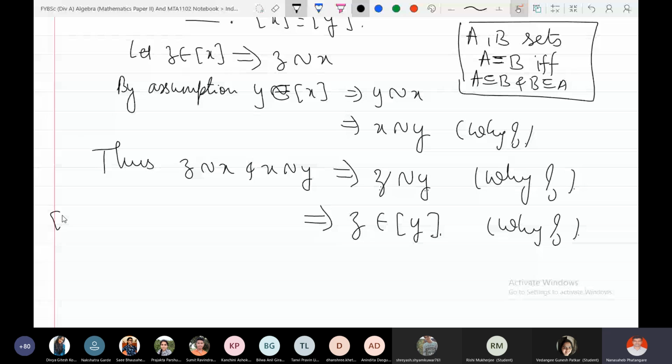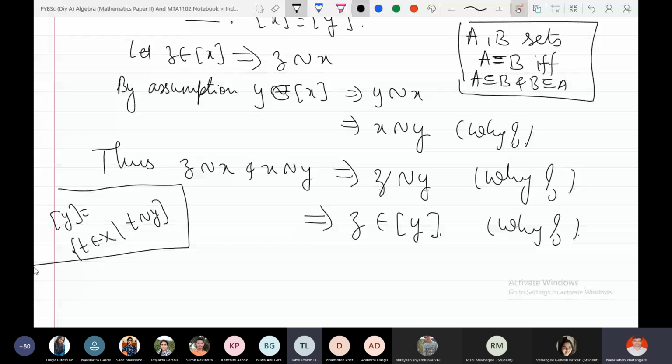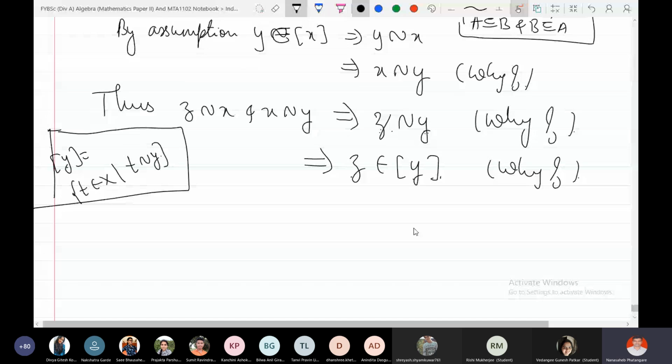It is a set of all those elements in set X which are related to Y. Am I right? Is this the definition of class of Y? Okay, now what does Z satisfy? Those elements which are related to Y, they are in the class of Y. So Z is related to Y, so Z is in the class of Y, right? Very good.